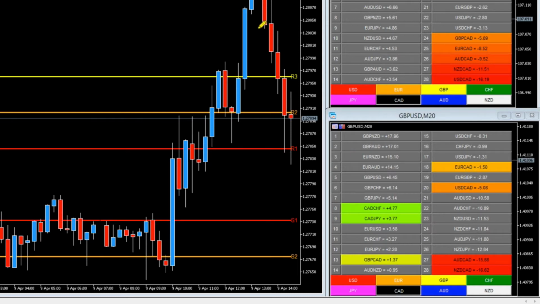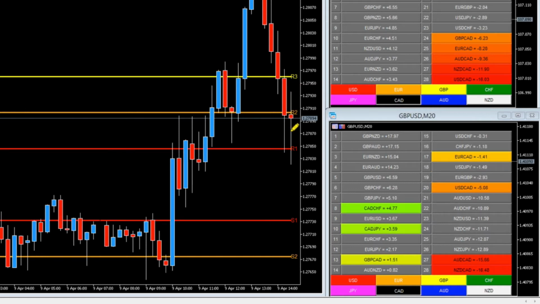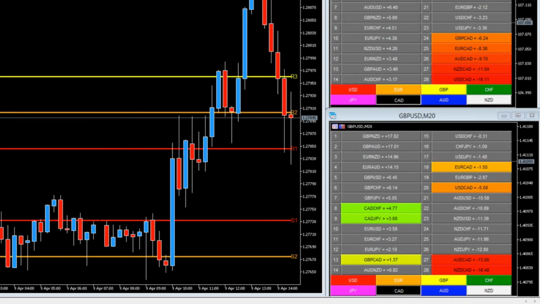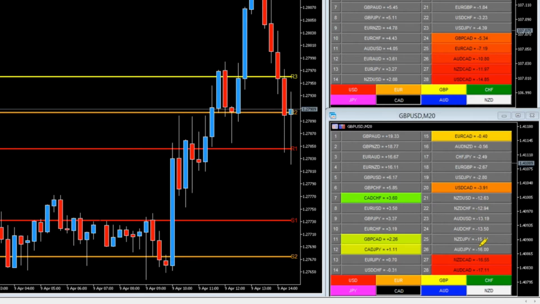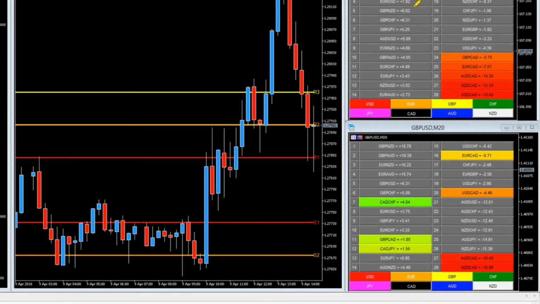And if this negative sentiment towards the dollar and positive sentiment towards the Canadian dollar is to continue and this trend to go lower still, as seems to be signaling on the currency strength indicator at the moment, then what you would expect to see on the ranking ladder is the dollar CAD to start to fall down and join the two that are already at the bottom, the Aussie CAD and the New Zealand CAD. And equally to the upside, you want to see further strength in the Canadian dollar, certainly reflected in the CAD Swiss and the CAD yen, which is what we have at the top here.